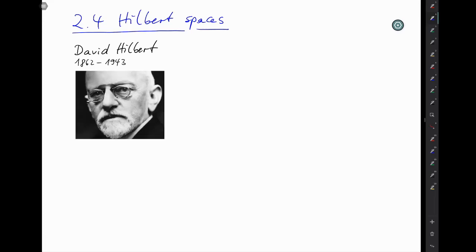Before we can define Hilbert spaces, we again start at vector spaces. So let X be a vector space, so it has an operation plus, operation alpha times, as usual, where again alpha comes from either the complex or real numbers.